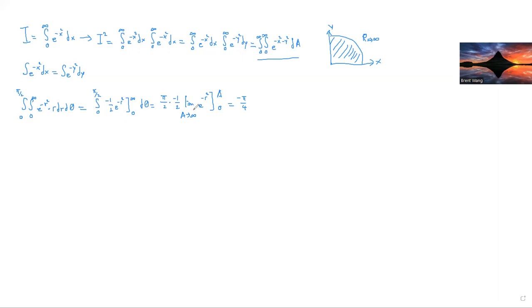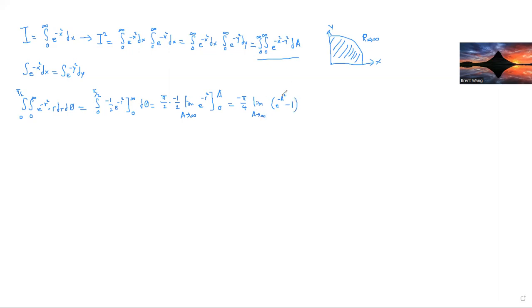And then for this part, I still have to do the limit as a goes to infinity of e to the negative a squared minus 1.